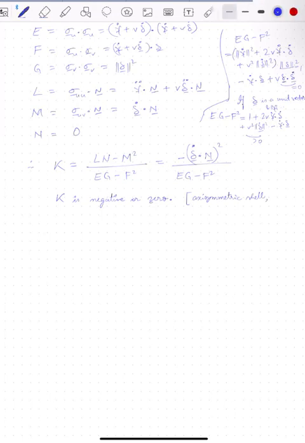And of course, there are many such ruled surfaces such as cylinder, cone, and ribbons in mechanics, right? So these are the ruled surfaces.